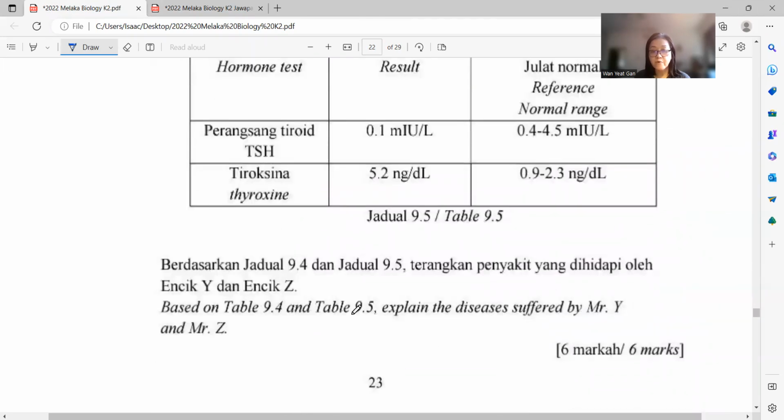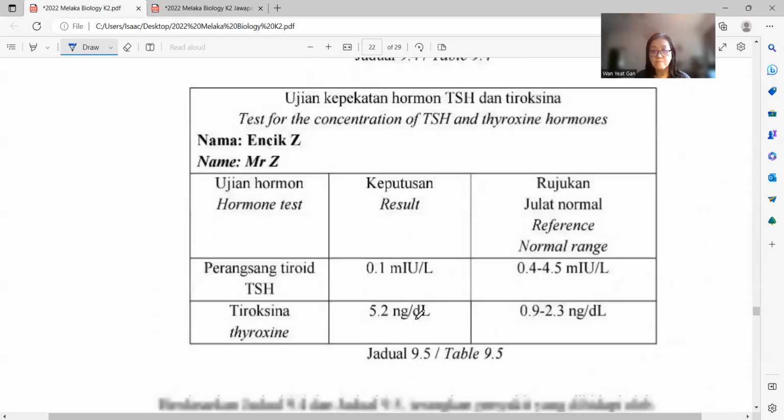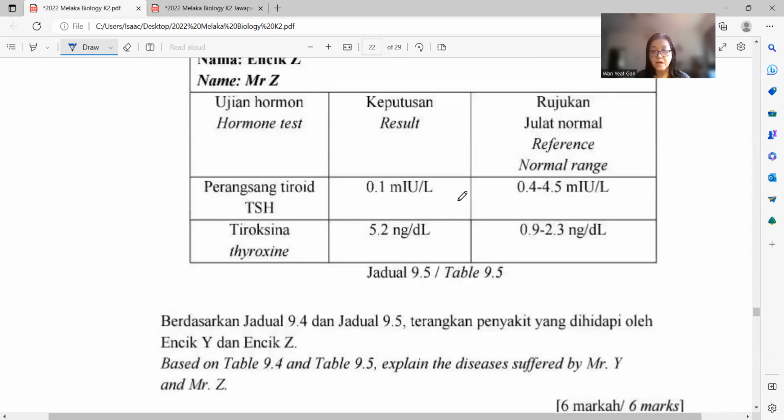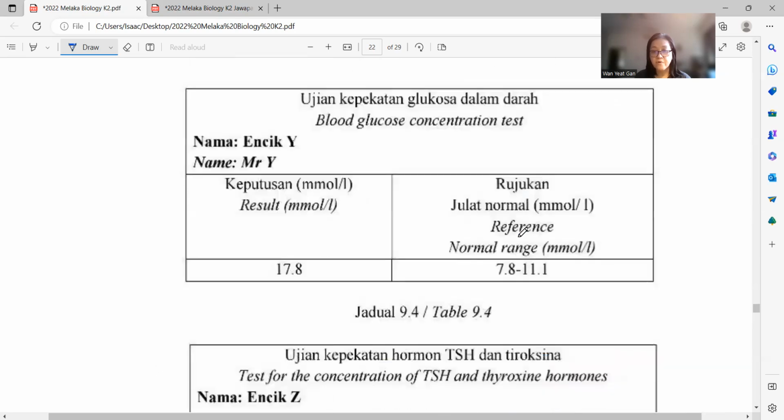Based on tables 9.4 and 9.5, explain the disease suffered by Mr. Y and Mr. Z. You see here, this is the normal range. His level for TSH is below, whereas his thyroxine is above.